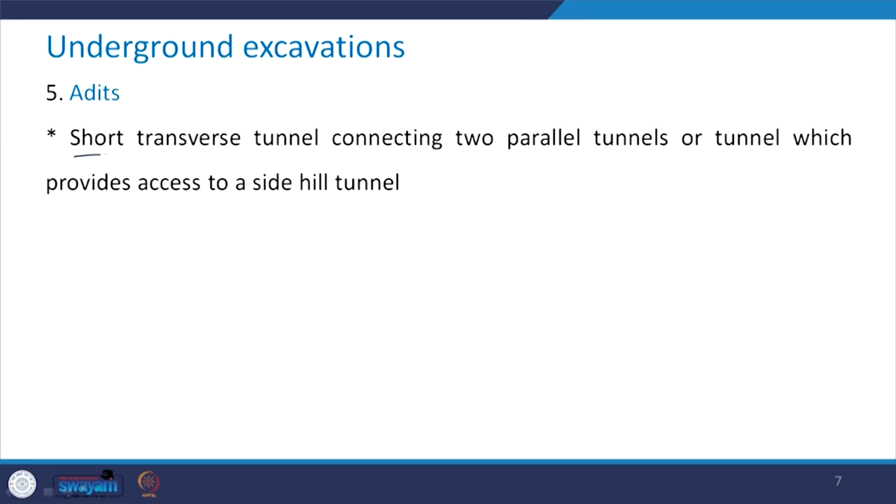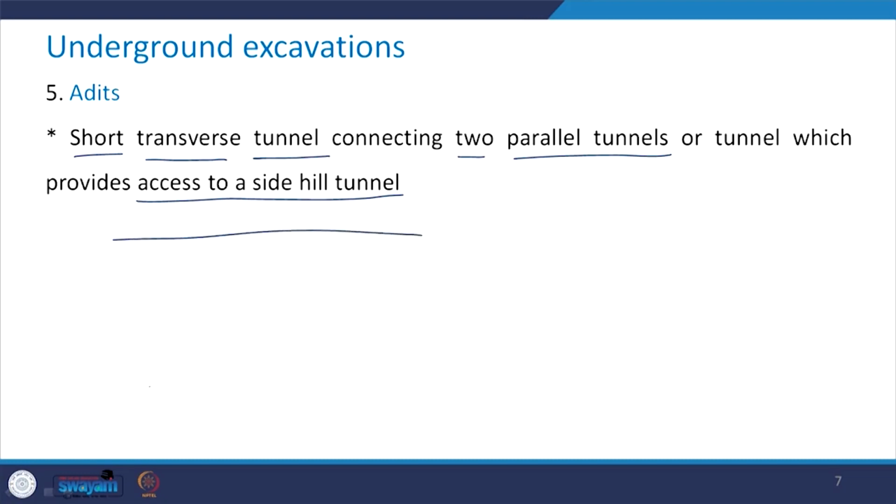These are the short transverse tunnels which connect two parallel tunnels, or a tunnel which provides access to the side hill tunnel. See, this is how it looks like. Let us say that in the plan, say this is a plan where this is foot of hill, and obviously this will also be foot of hill.